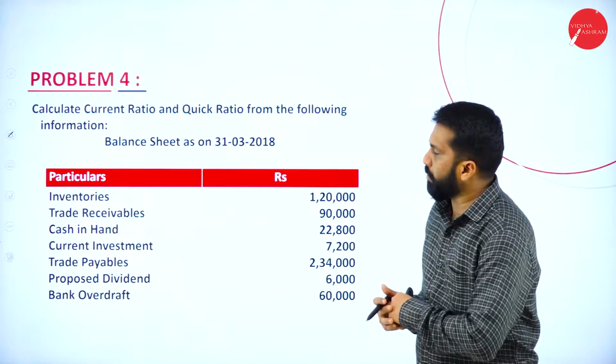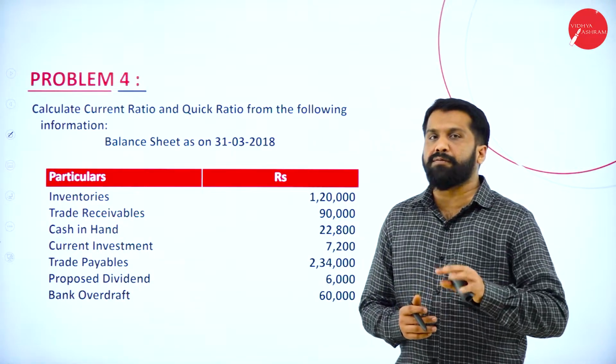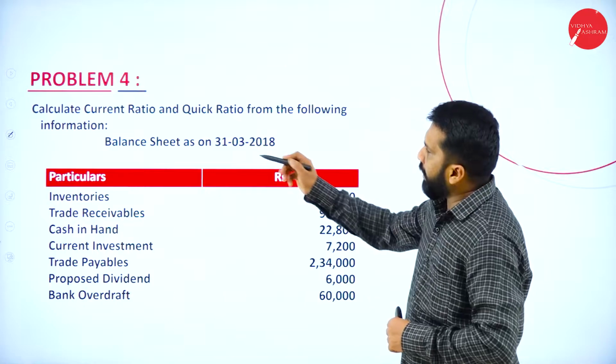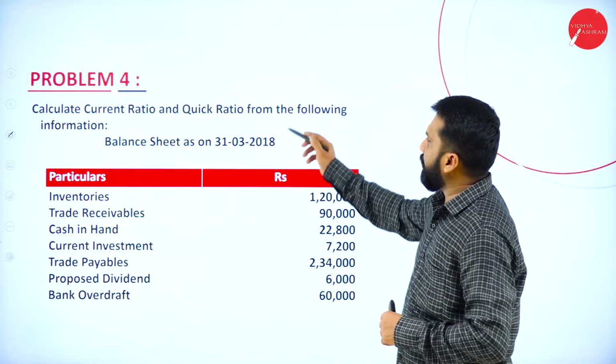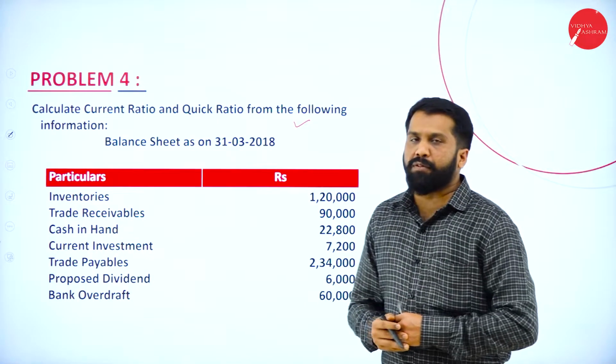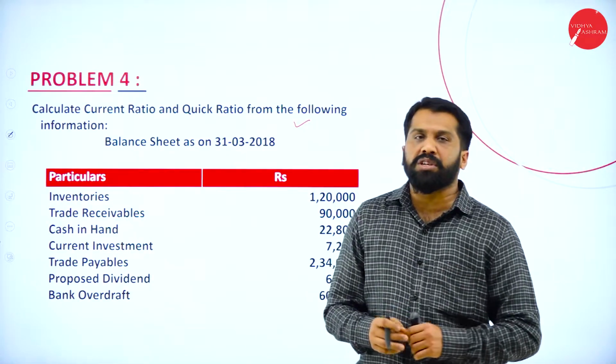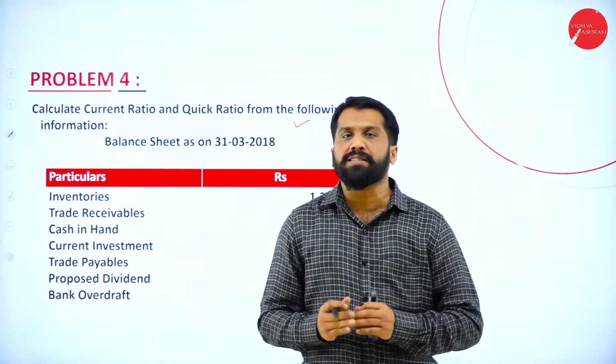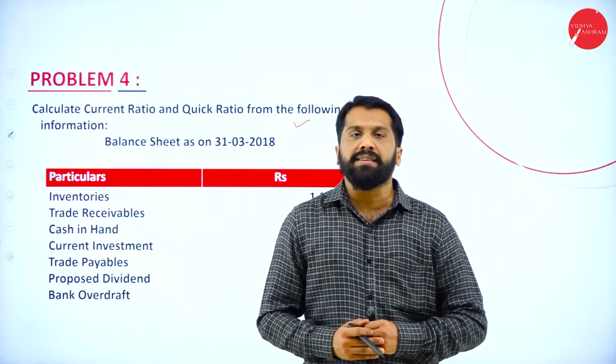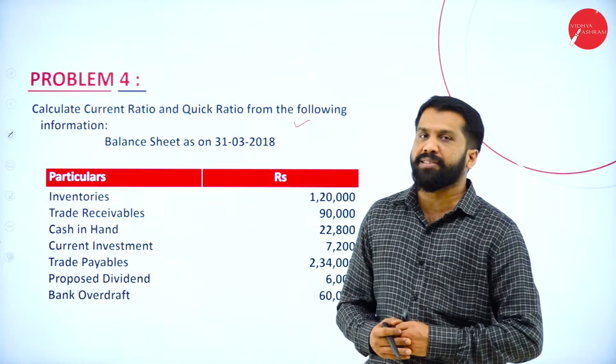So, this is the last problem for your small type or 5-mark problems. Now, calculate current ratio and quick ratio from the following information. They have given a balance sheet. With the help of the balance sheet, we are supposed to calculate your current ratio as well as quick ratio.